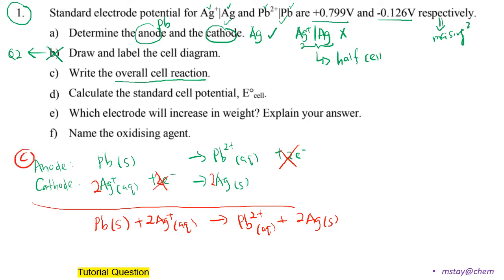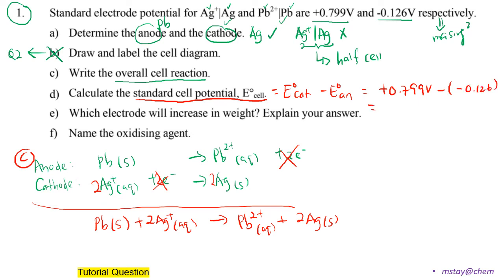Next, they ask us to calculate the standard cell potential, which means we need to find the difference by combining the two half cells, using the formula cathode minus anode. In this case, the cathode is the more positive one, which is plus 0.799 volt, minus the anode, which is negative 0.126.